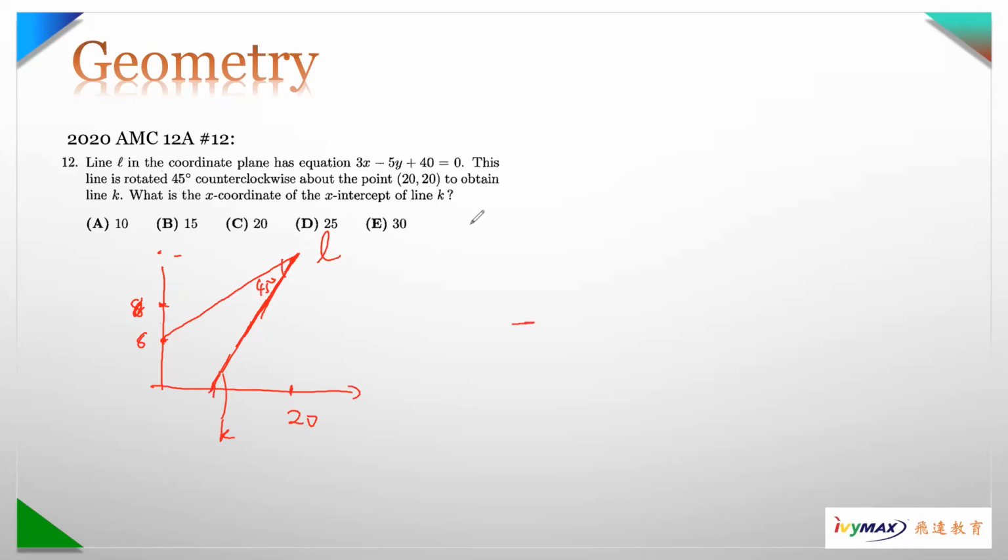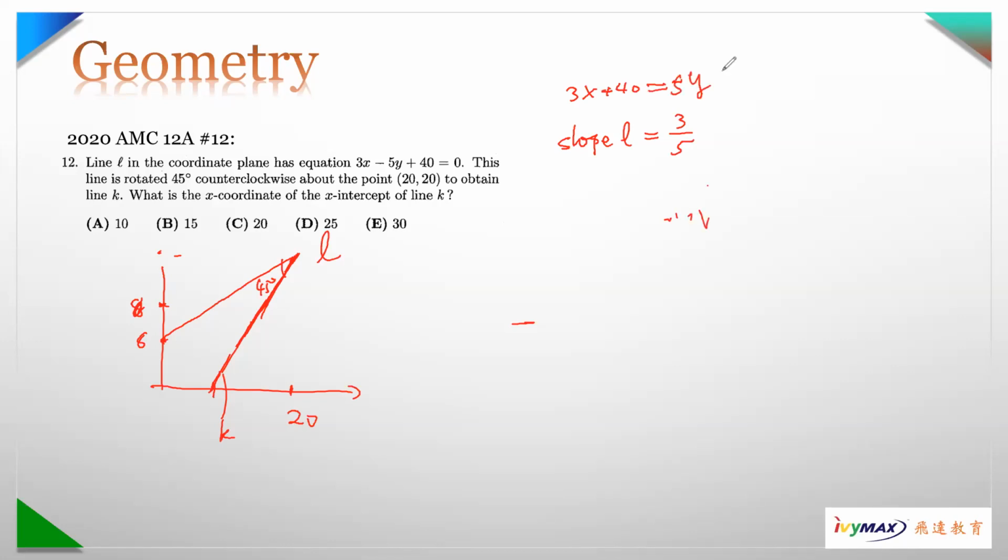Okay. So for the line L, we can know the slope of L should be 3 over 5, right? Yeah. So 3x plus 40 equal to 5y.